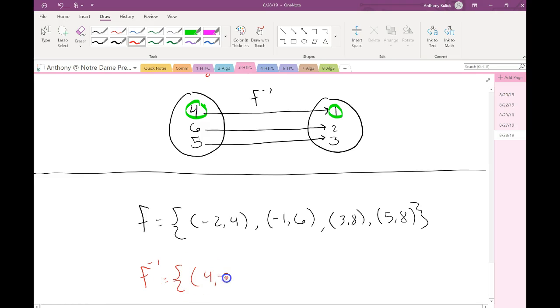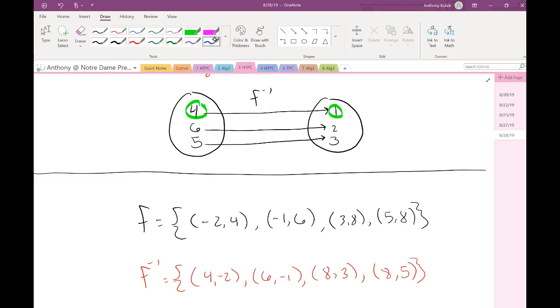Good. 4, negative 2. 6, negative 1. 8, 3. Good. And 8, 5. Everybody feel okay here?